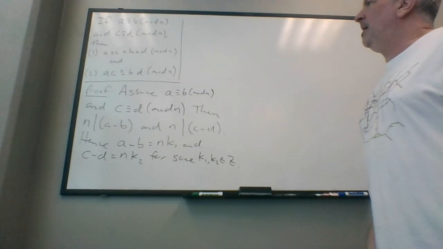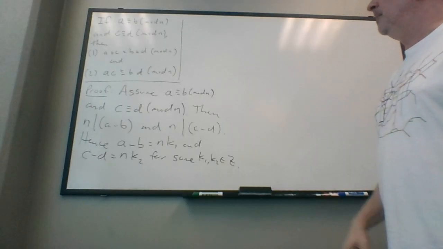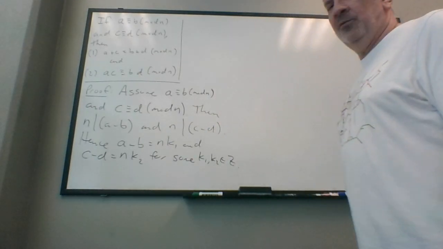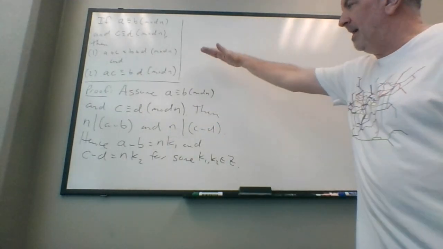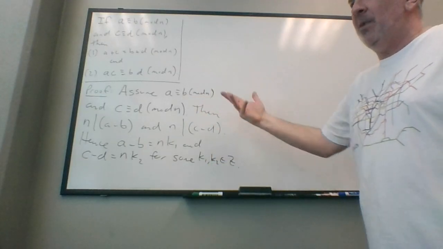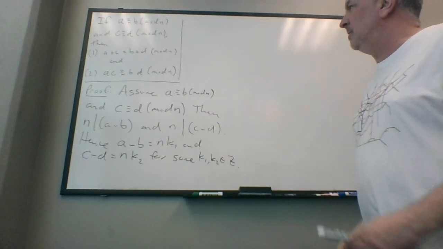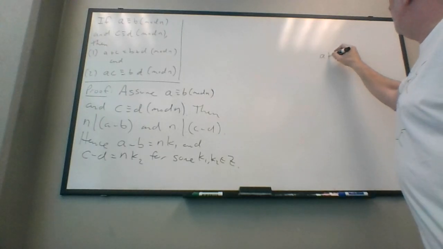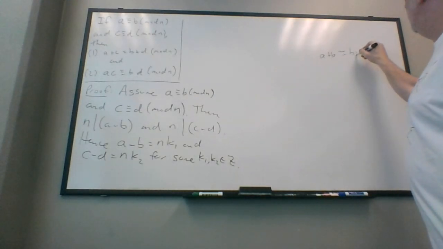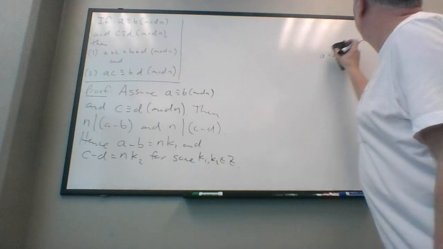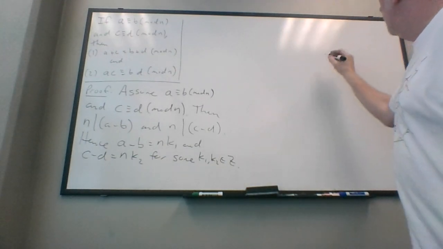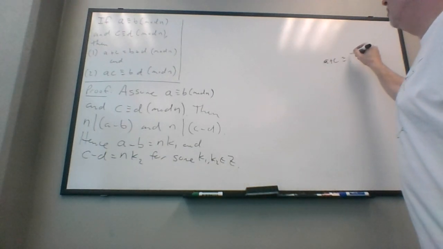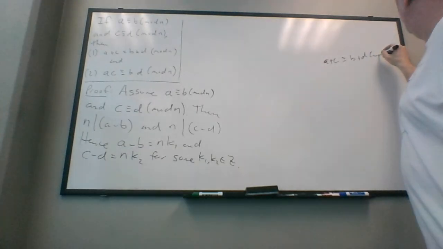Okay, now let's think about part 1 here. A plus C is congruent to B plus D. Let's work backwards for a second, because again, I call this the no thinking part. I just went with my gut, right, using definitions. So let me write over here where we're trying to get to: A plus C is congruent to B plus D mod n.